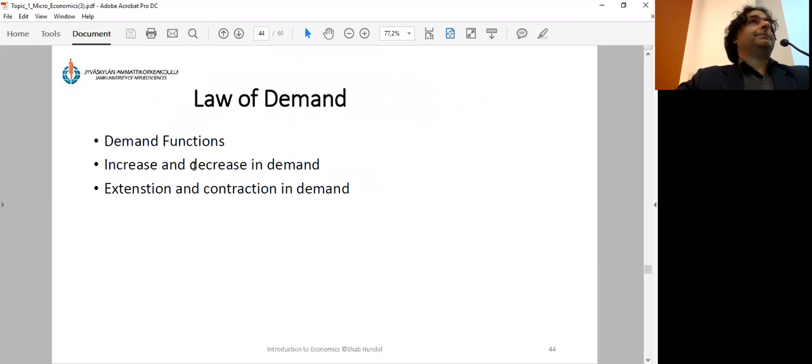I repeat, all else being equal, there is an inverse relationship between price and demand. Full stop. The next sentence: this implies that the higher the price, the lower would be the demand level, and the lower the price, the higher would be the demand level.